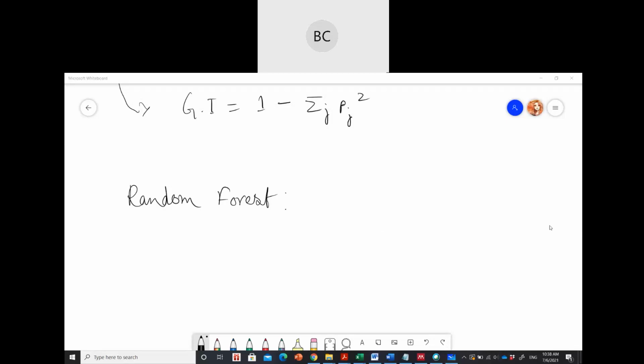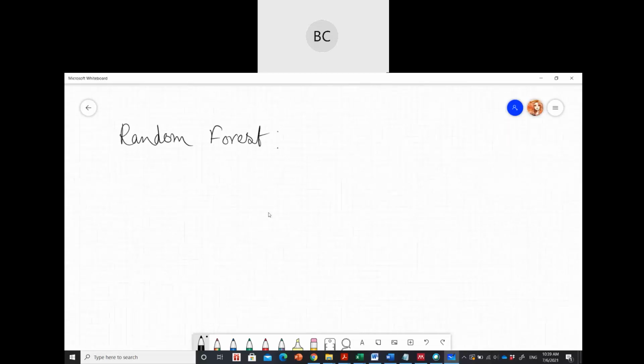It's a collection of decision trees, and each decision tree will have its own decision. Then it will do a majority voting. According to the voting system only, random forest will take the final decision. You split your training data into some sub training data, like training data 1, training data 2.